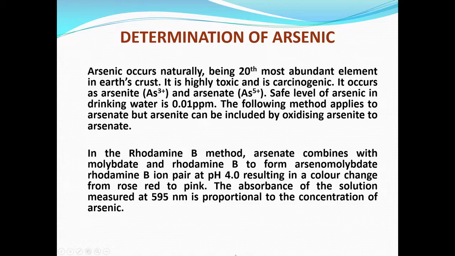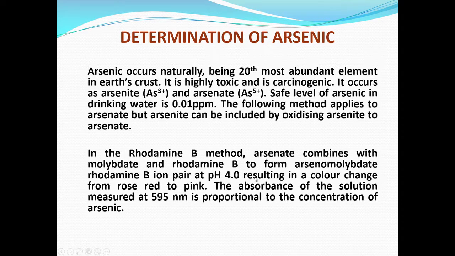We have developed a method for the determination of arsenic using rhodamine B, that is a triphenyl methane dye. In this method, arsenate combines with molybdate and rhodamine B to form an arsenomolybdate, rhodamine B ion pair.